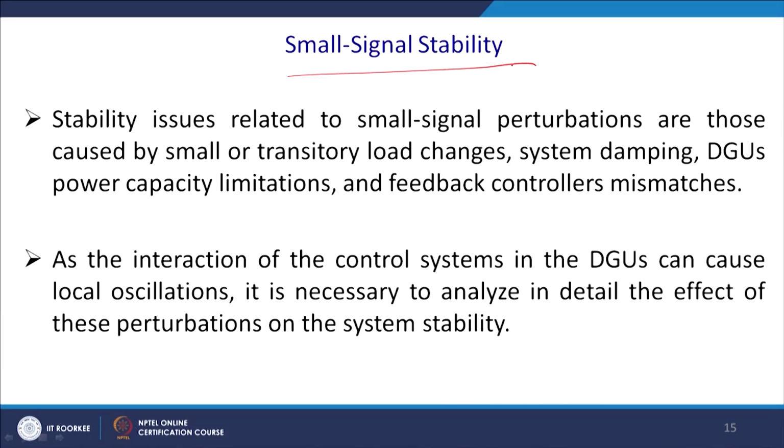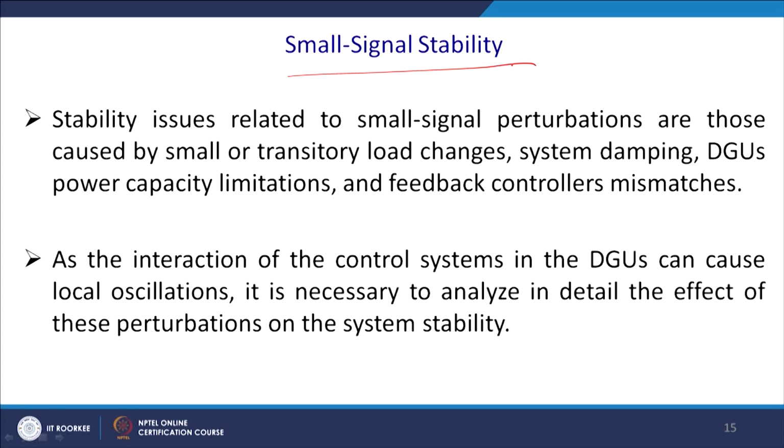Now, let us talk a little bit about small signal stability, and that is quite important. If it is not stable, then it will have a sustained oscillation, and sustained oscillation may trip some relays and all other entities. Small signal stability uses a relatively small perturbation.